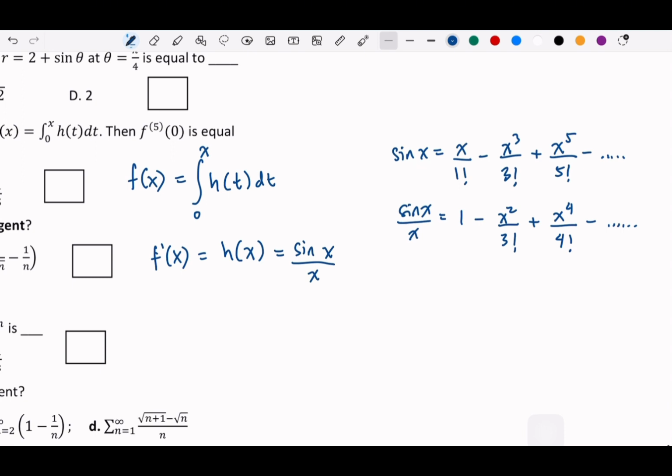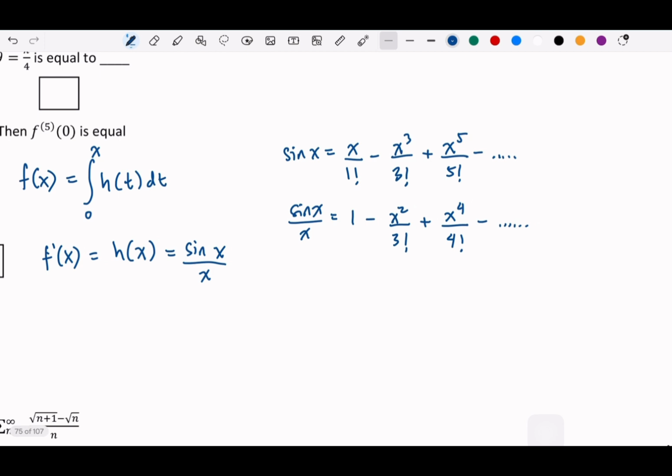Well, to convince yourself, maybe you can extend it to the 7 or 9 power, just to see how it looks. So this is the f prime x.